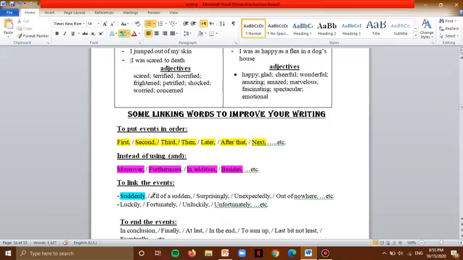It grabs my reader's attention, and it creates an interesting sound to my events. All of a sudden, he started to chase us. For example, surprisingly, we did not find any houses near that house. Okay, unexpectedly. Fine.